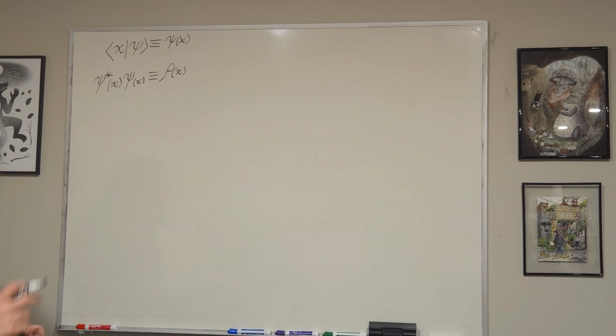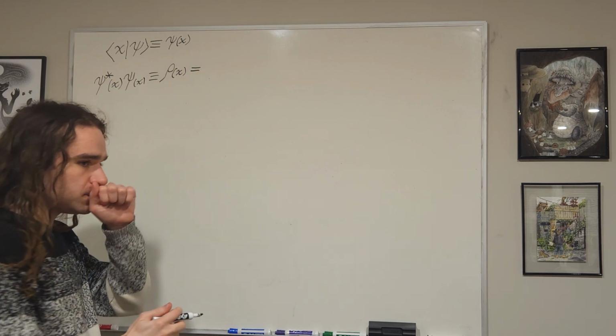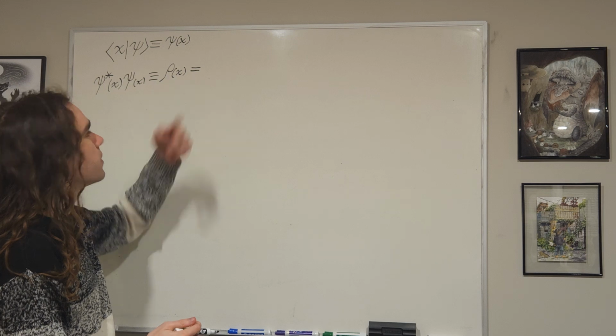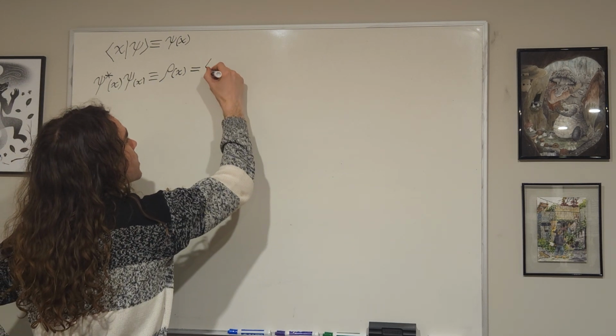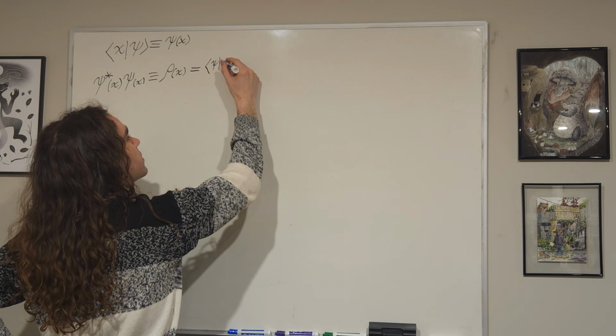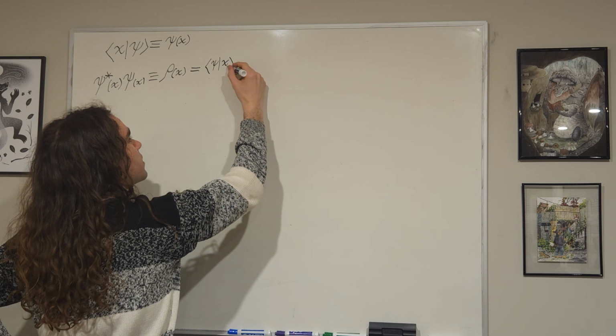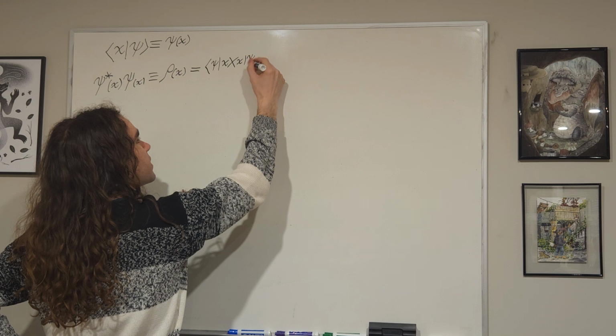That's very standard. What you might not realize, though, maybe you've never thought about it, is that if we use Bra-Ket notation to write rho of x, then we've got psi star of x and then psi of x, right?